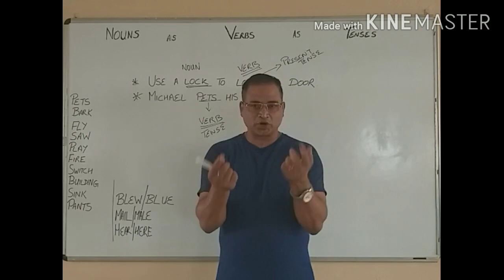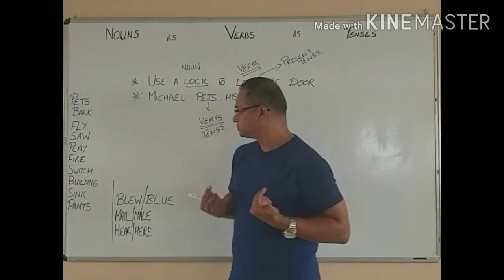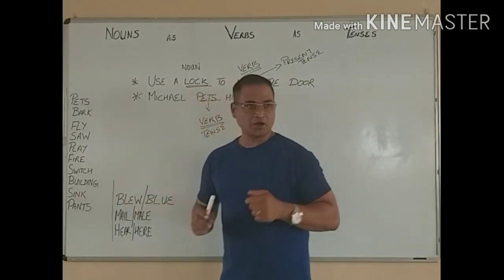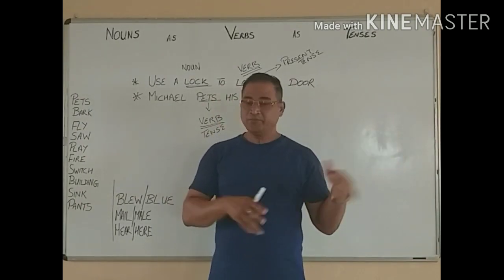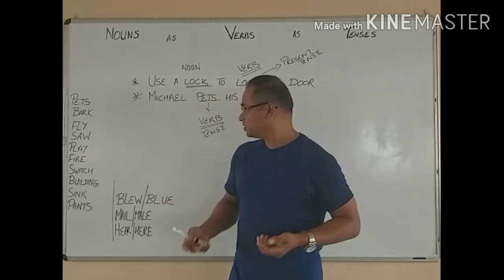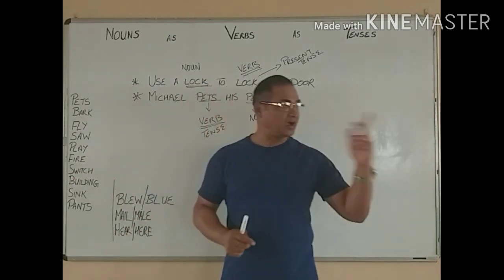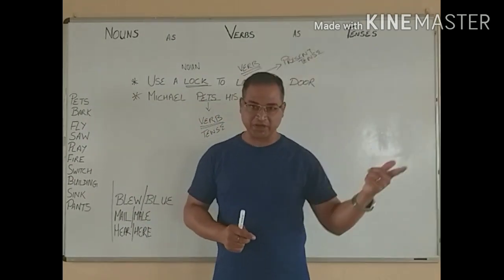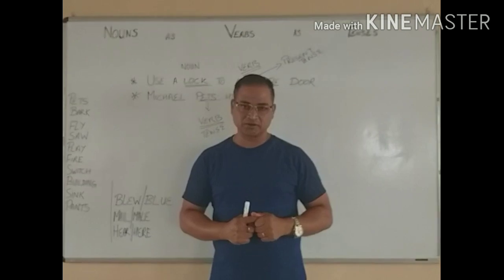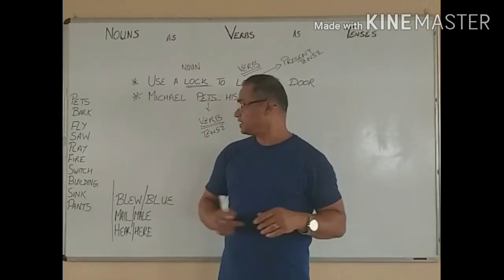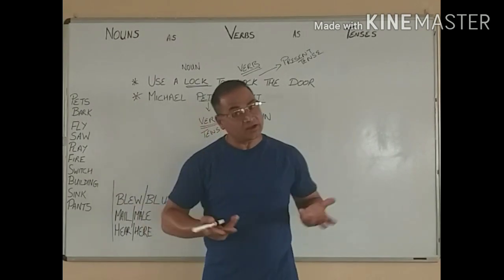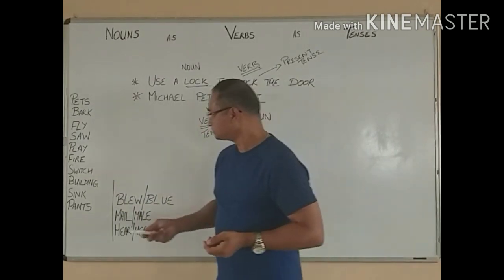And the other saw is seeing something. Play. Now when I'm doing an act, it's called a play, a role play. And playing is an action verb. Fire. I'll fire him for not doing his work. So that is an action there. And the house is on fire is the noun.